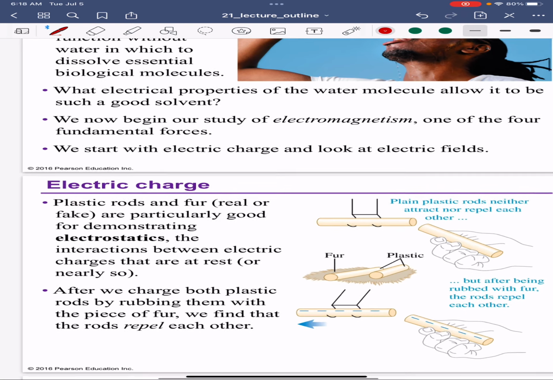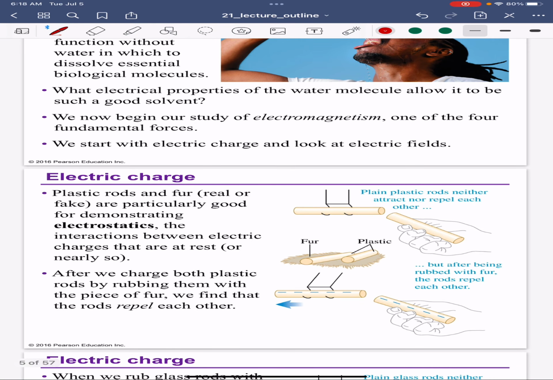If we look at this picture in front of us, we have two plastic rods and a fur. Electrostatics is when we have electric charges that are not in motion. I can rub the plastic with fur, and both of these plastic rods will have negative charge.